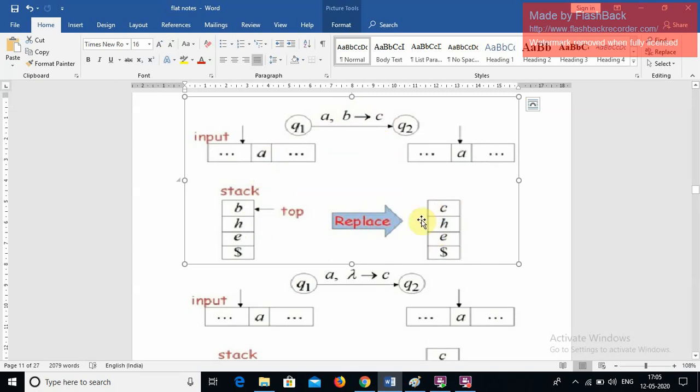So like this. Okay, if you observe the stack initial symbol here, dollar, we can place a Z0 or dollar. You can use any symbol, I like that. Okay, and you can see the next one.